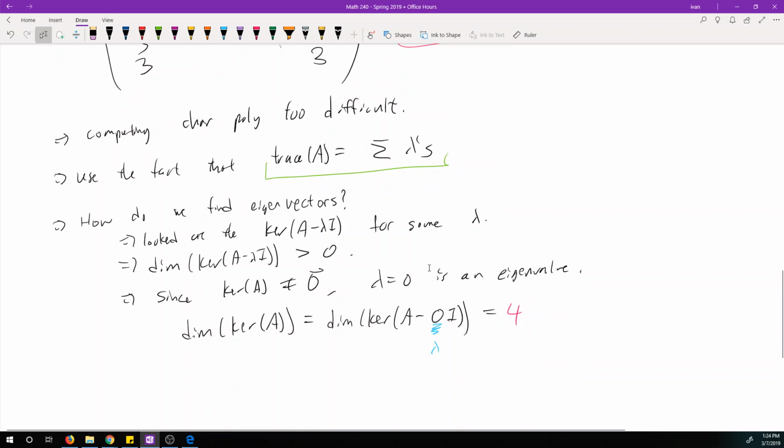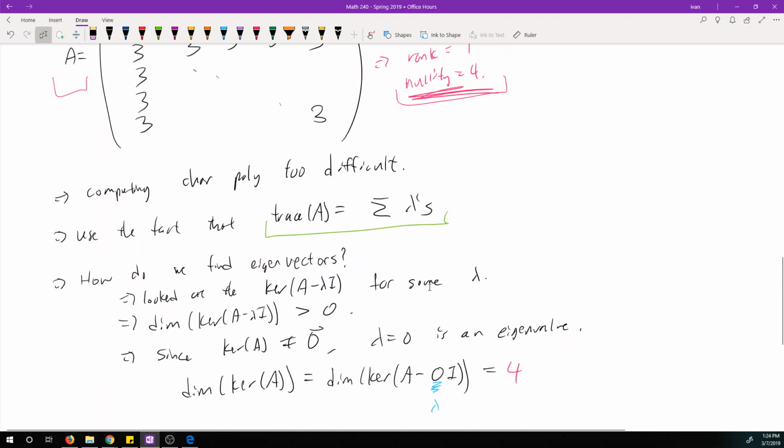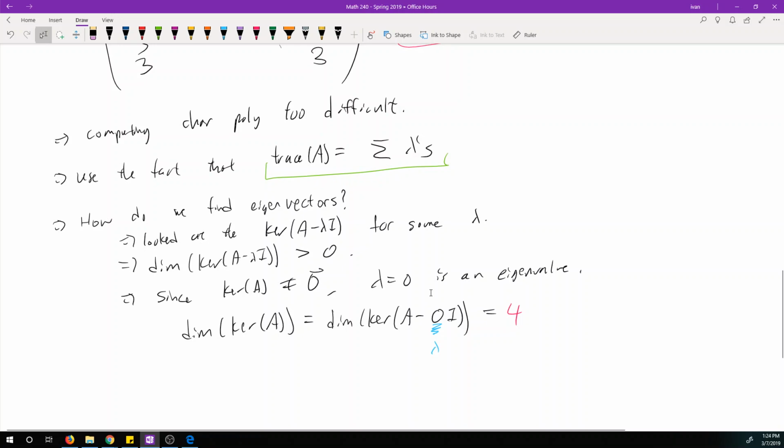0 is an eigenvalue, and what does the nullity tell me again? That tells me the geometric multiplicity. So for lambda equals 0, I know that the geometric multiplicity is 4.